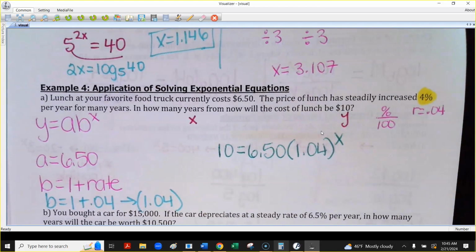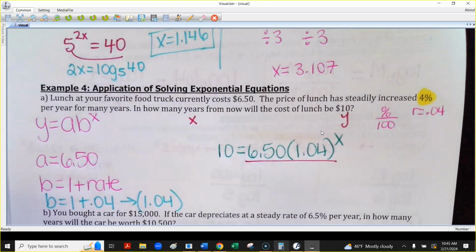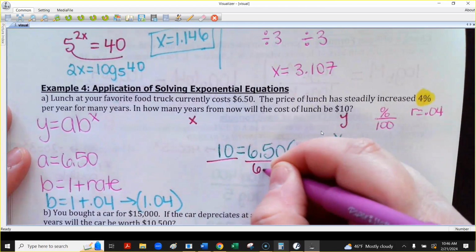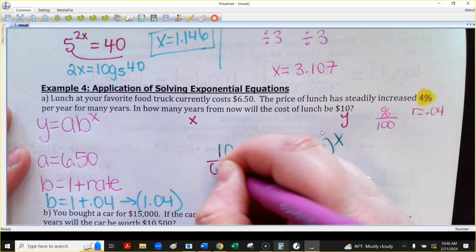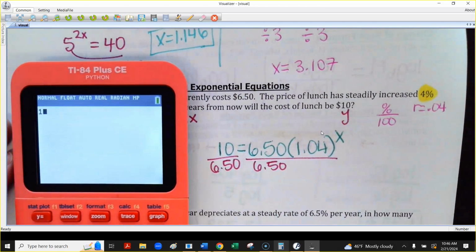Do not do that. You are going to get whatever's being taken to the exponent, which is only that 1.04 by itself. So I'm going to divide both sides by 6.5. So I'm going to do 10 divided by 6.5.